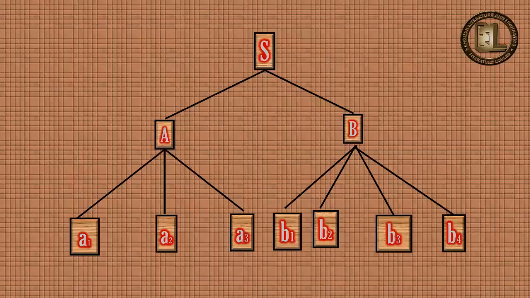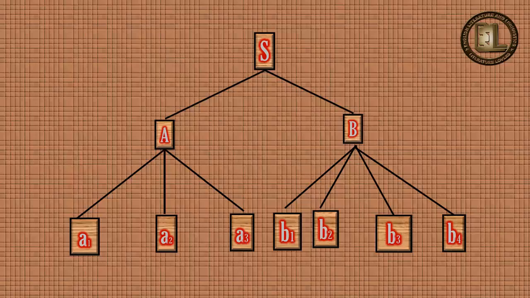Since S has been divided immediately into two constituents A and B, A and B are called the immediate constituents of S. And A is further divided into A1, A2 and A3.